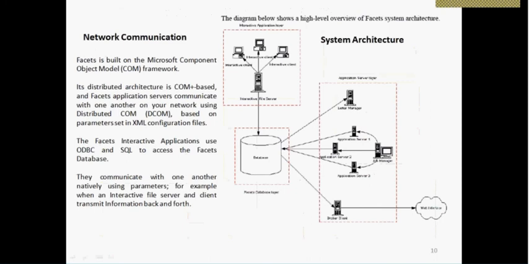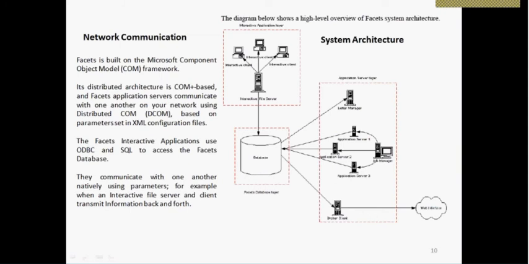So here I've given some architecture, if you are curious, and it might be useful in case you are working on technical specifications on your project to know how the Facets framework and architecture operate. This has been taken straight from the Facets manual, which tells you the system architecture.